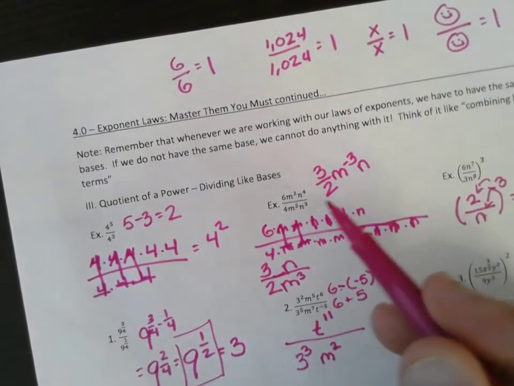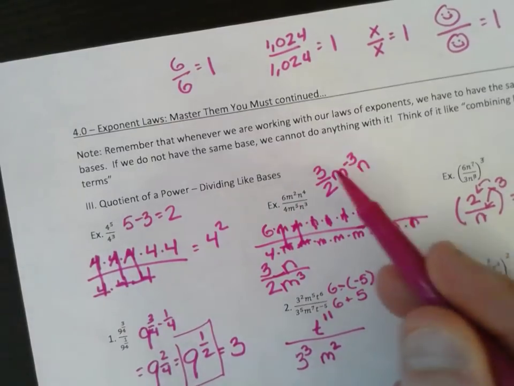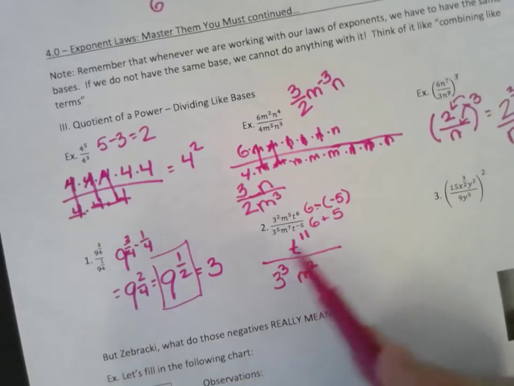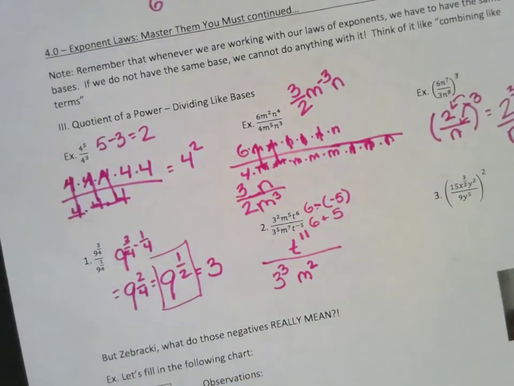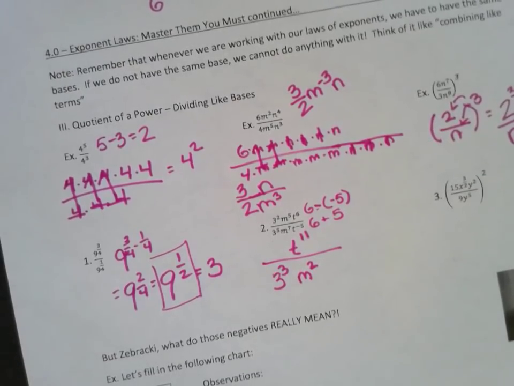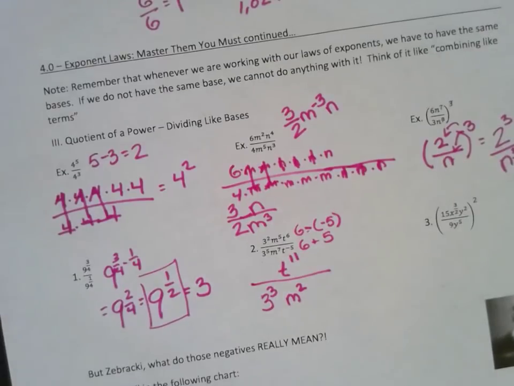When I subtracted 2 minus 5, I kept the m in the numerator. I'm keeping the t in the numerator. Even if it came out to be t to the negative 20,002nd, I don't care. I'm keeping it in the numerator. Whenever you use the quotient rule, whenever you actually subtract, keep it in the numerator. Okay? But you'll see what negatives really mean further down the notes.